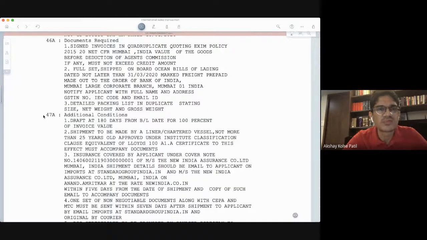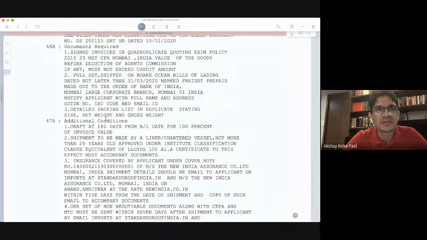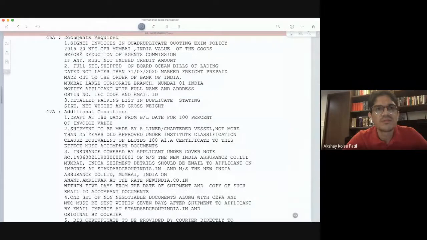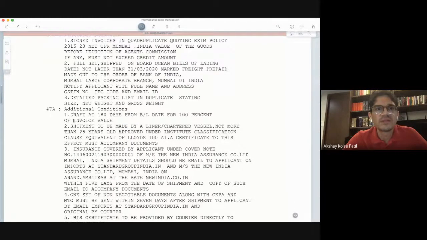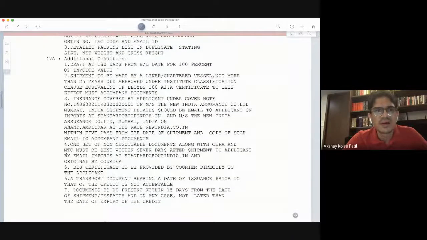This is a letter of credit in one of the matters I had done. If you see, it provides the documents required. You have signed invoices, in quadruplicate with so and so, a full set of on-board ocean bills of lading. Then you have further, these are the other additional conditions, negotiable instruments along with CIPA, so and so.